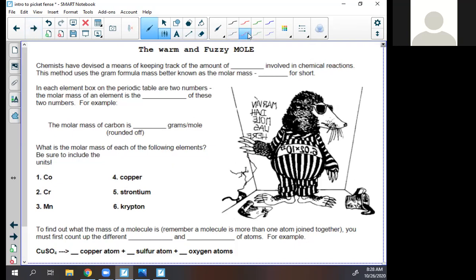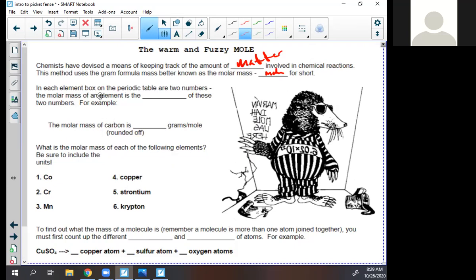Okay. Chemists have devised a means of keeping track of the amount of matter involved in chemical reactions. This method uses the gram formula mass, better known as the molar mass, or mole for short, whatever, MOLE.